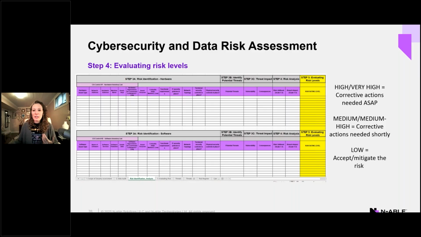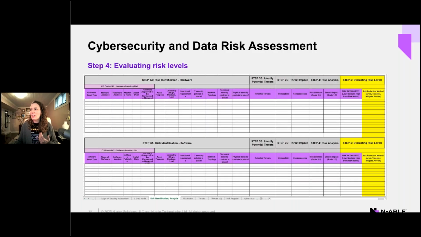Or a low risk rating means that maybe they accept it, maybe you figure out a way to reduce it, but the breach impact and the risk likelihood are not as high, so it's given a low risk rating. And then you can see I've added an additional column for that. And then these recommendations get included as part of your assessment report and your sales proposal.